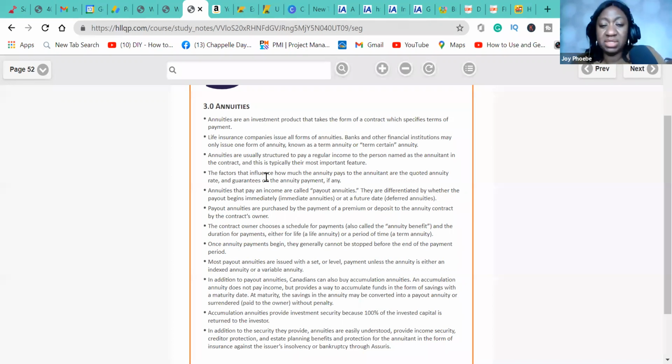Payments can be received monthly or biannually, depending on how it is structured in the contract. Once annuity payments begin, they generally cannot be stopped before the end of the payment term. So once the annuity payment begins, it has to run its course through to the end.